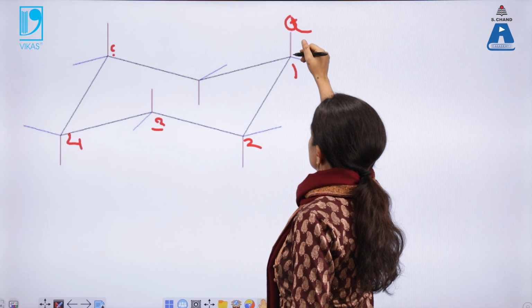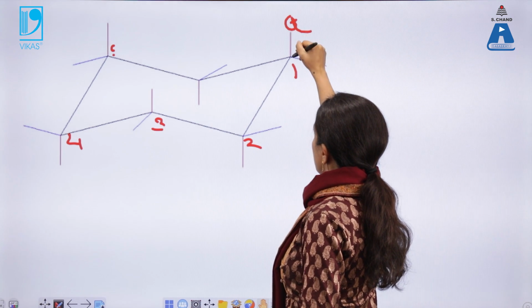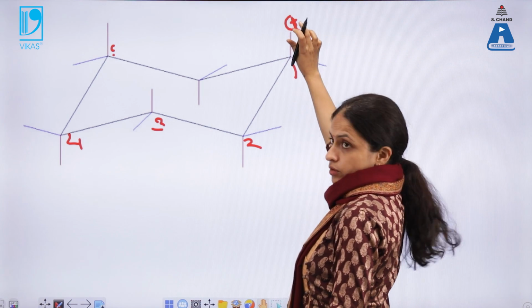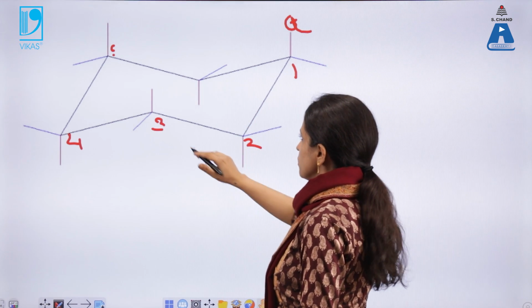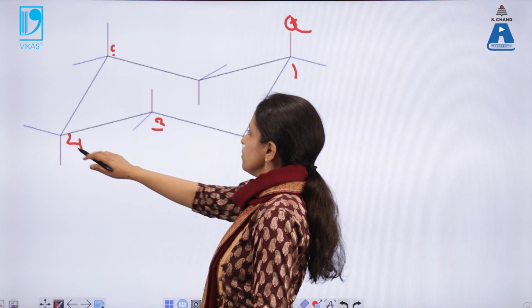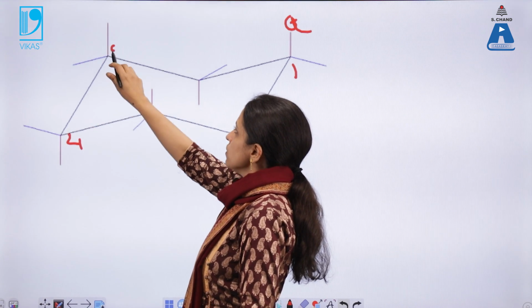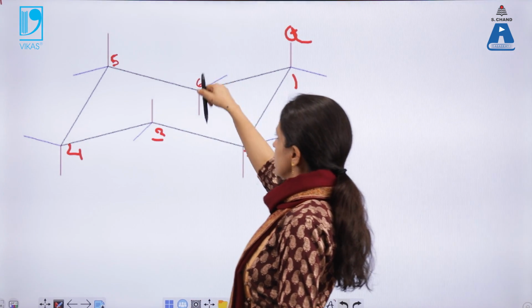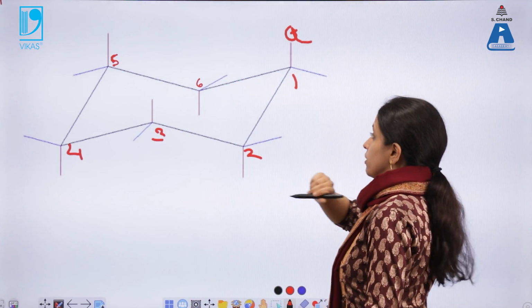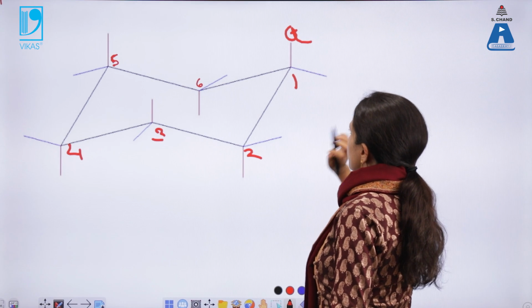So here you can see on C1, the axial bond is above the plane of the paper. The C2 axial bond is down. C3 axial is up. C4 axial is down. C5 axial is up. C6 axial is down. Now look at the equatorial bonds.